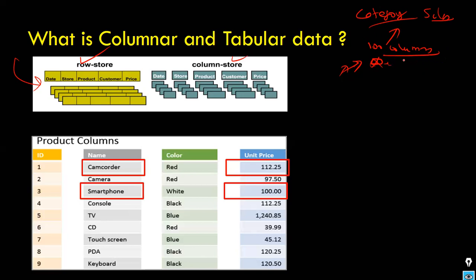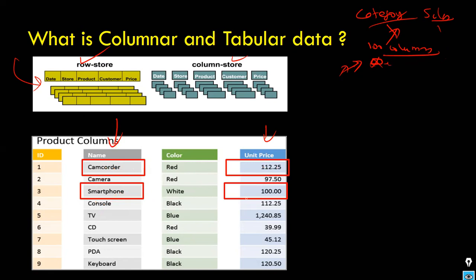Instead, you store each column separately. That is what your columnar database is. So behind the scenes, all you need is to select the data only from these two columns. Since these two columns are stored separately, for example, instead of category, your product name and the unit price, it goes directly to these two columns and subsets them.